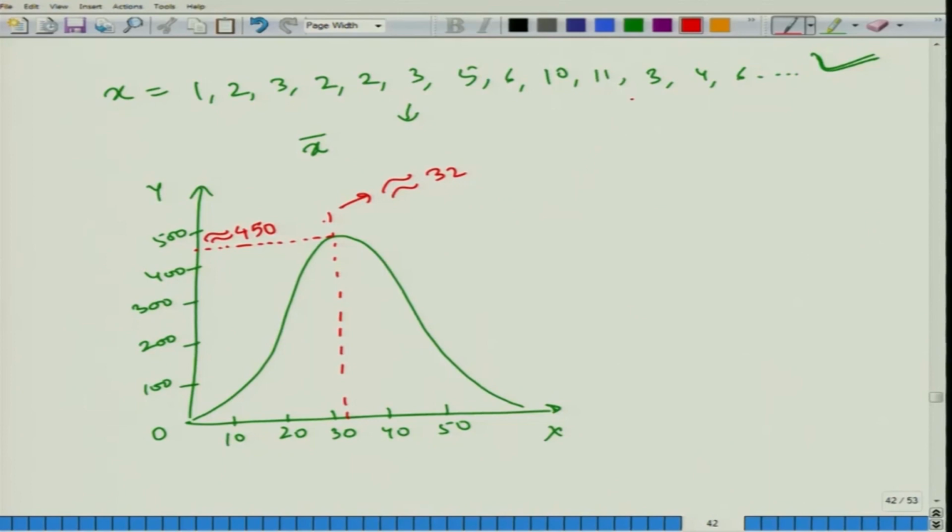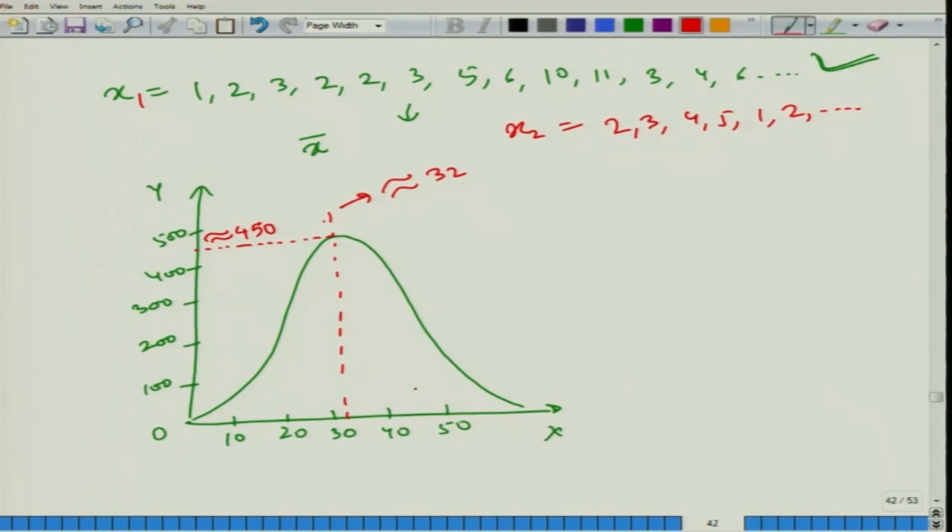On the other hand, suppose I gave you two distributions. This one was x1. Now, if I have x2, that is again some random numbers 2, 3, 4, 5, 1, 2 and so on, and I asked you which of these two data sets is larger and which one is smaller, again it would be difficult.